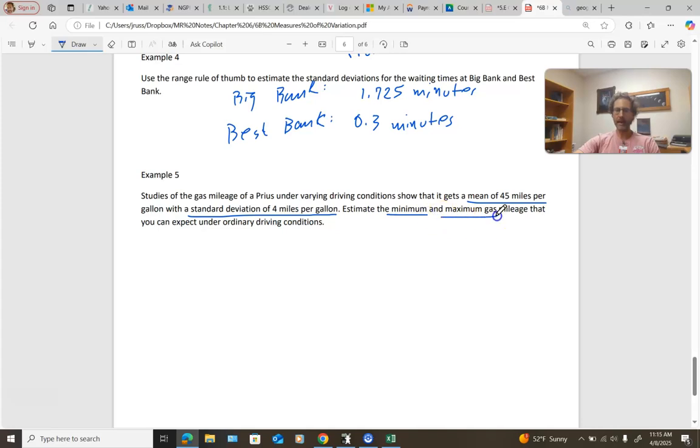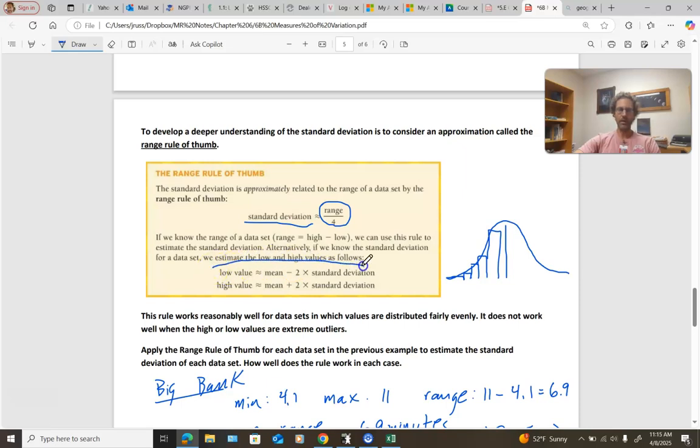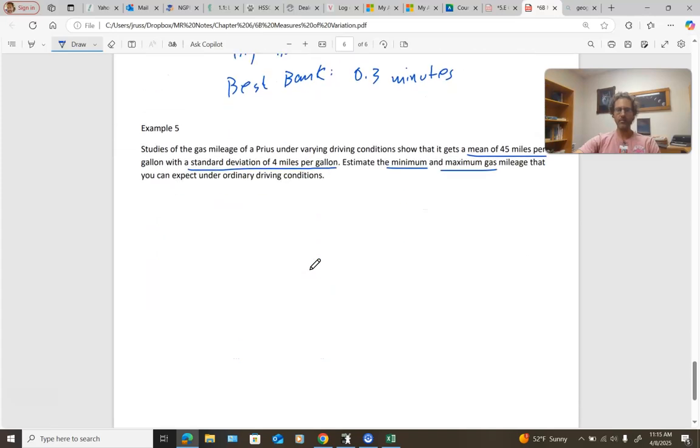And the question is to estimate the minimum and the maximum gas mileage that you can expect under these ordinary driving conditions. Well, this refers back to the second part of the range rule of thumb, where you can get an estimate of what the low and high value of a data set are if you know the mean and the standard deviation. So we're going to be using these two formulas. The minimum estimated gas mileage would be equal to the mean minus 2 times the standard deviation.